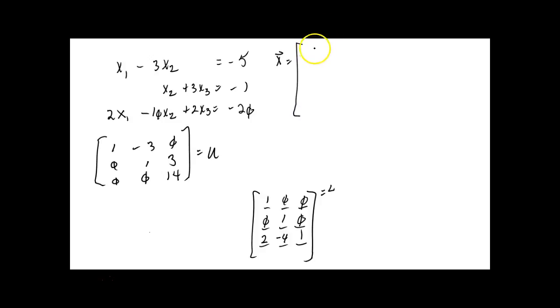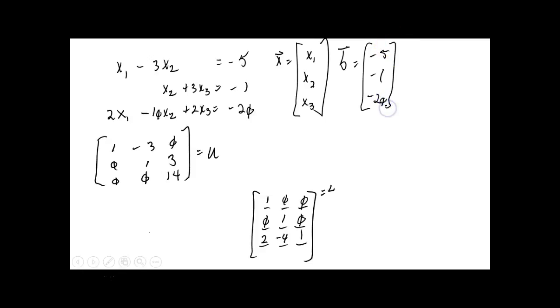These are variables, by the way. X1, X2, X3. And then what other vector do we have? B is -5, -1, -20.